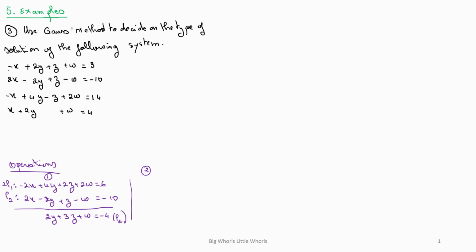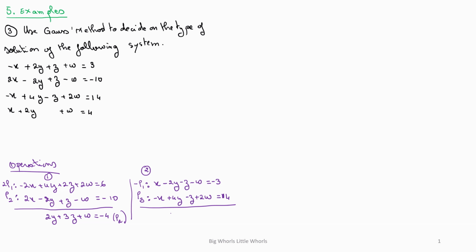Now let me use minus x to eliminate minus x in row 3. Okay, so I have minus row 1, which is equal to x minus 2y minus z minus w equals minus 3, and row 3, which is equal to minus x plus 4y minus z plus 2w equals 14.